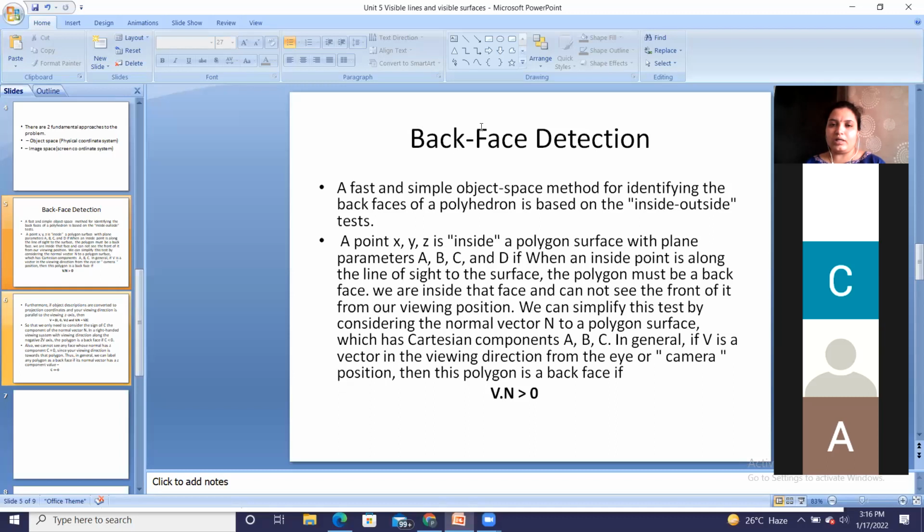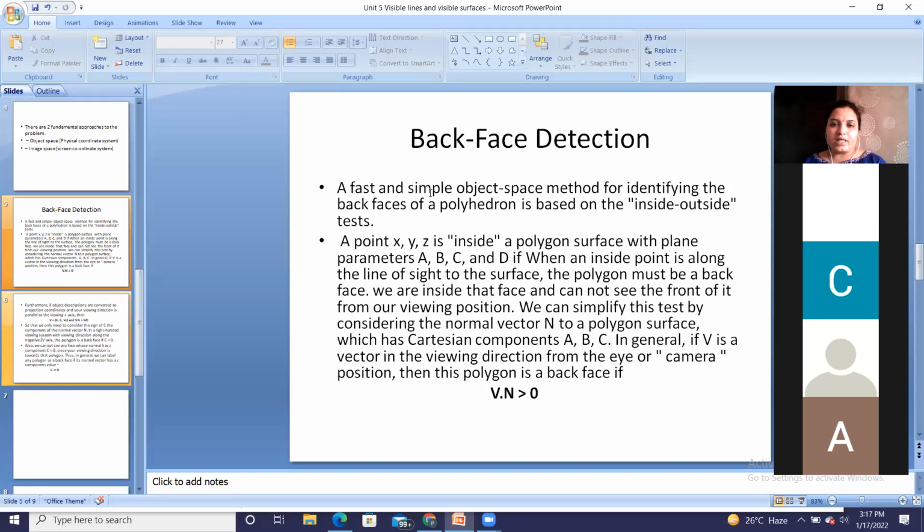So we are detecting the backside faces or backside surfaces of the object. This method is very fast and simple, and it comes under the object space method, the first approach. Okay. So how the detection is carried out, that we will learn now.